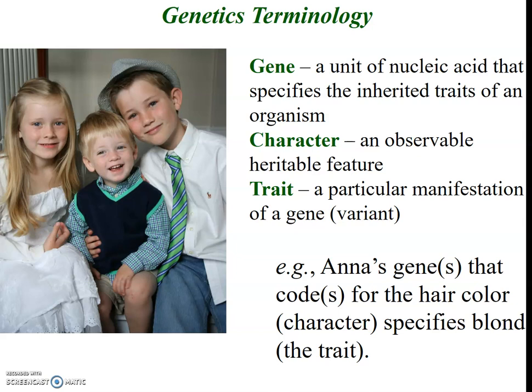We call the character whatever is the observable heritable feature, and the trait is the version of that particular character that you can see. For instance, my daughter Anna takes after her dad and has very blonde hair, whereas I have dark hair. So we would say that Anna's gene that codes for hair color, and hair color would be the character, specifies the trait, which is blonde. That's how we would utilize this terminology.